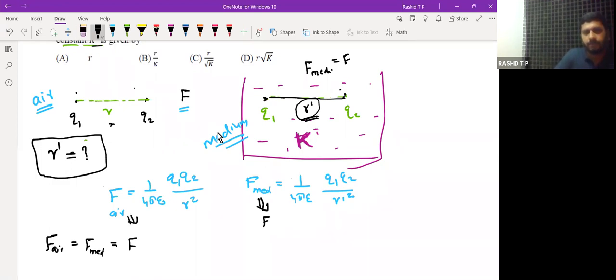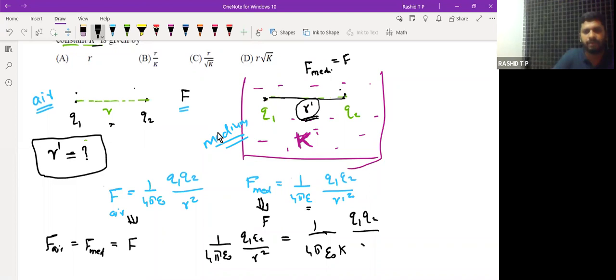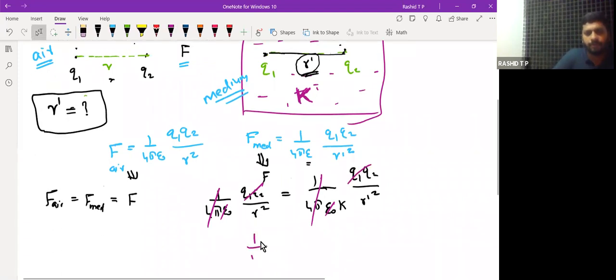Therefore, you can equate: 1 by 4 pi epsilon 0 Q1 Q2 divided by r square is equal to 1 by 4 pi, and here, instead of epsilon, we have substituted epsilon 0 into K if the dielectric constant is given, Q1 into Q2 divided by r prime square. See this one, 1 by 4 pi epsilon 0 cancelled, Q1 Q2 cancelled. And here we have 1 by r square is equal to 1 by K r dash square.